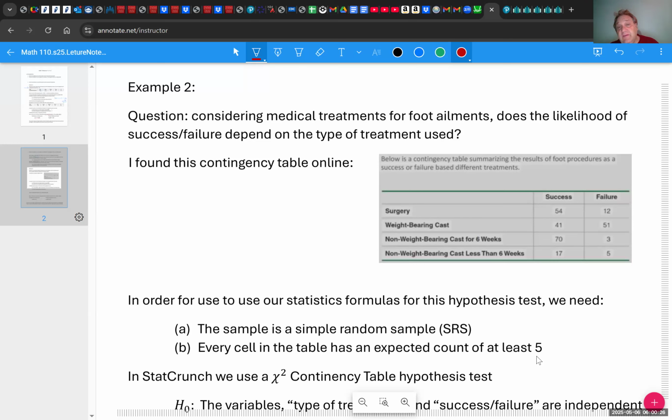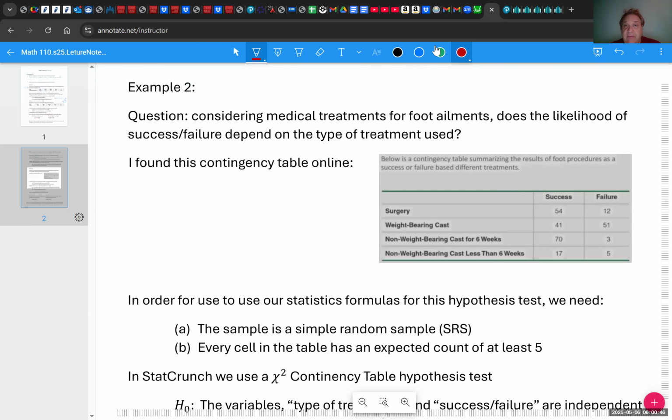The data I got this from didn't say it was a simple random sample, but for the purposes of this video, just to go with the explanation of how it works, let's assume that they got this from a simple random sample. And then again, I'll talk about the expected count of at least 5.